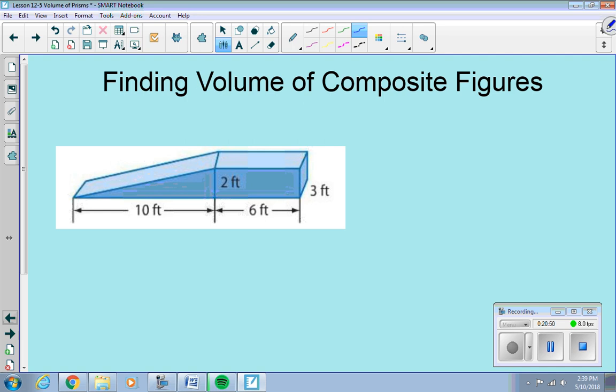And this is also in your book, I believe, and on the same page. The hardest part on this one is the triangular prism.